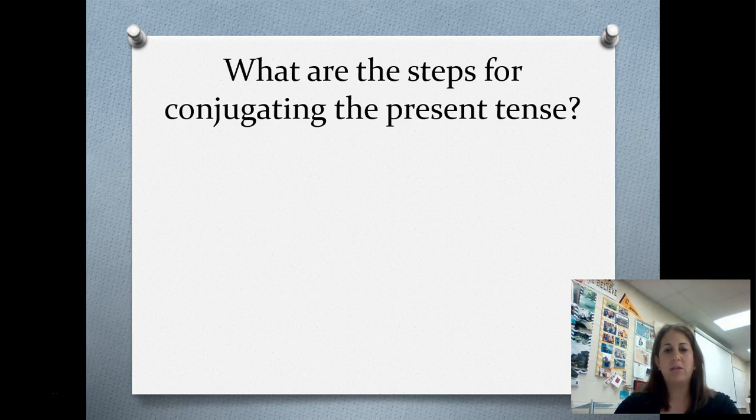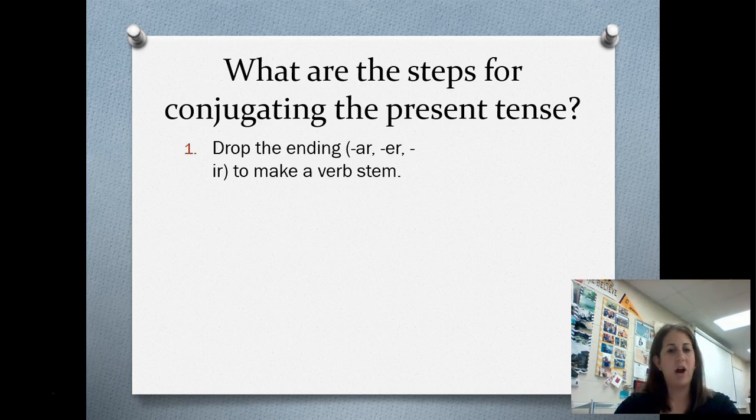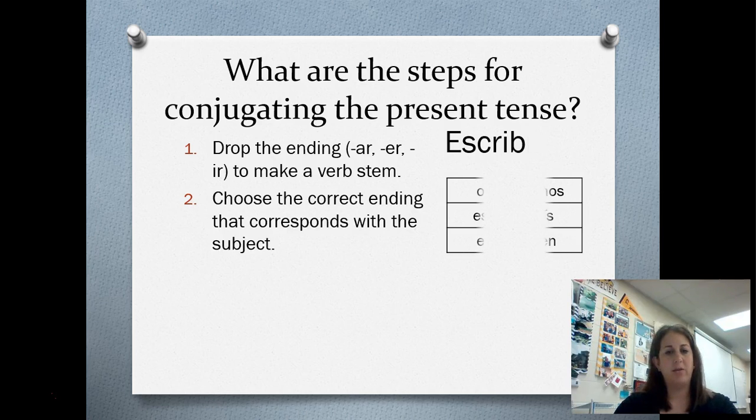Alright, so then what are our steps to conjugating? And this isn't just the present tense, this is in all tenses. So first of all, you're going to drop that AR, ER, or IR ending, and you're left with what we call the verb stem. So for example, we've got escribir, and we're going to drop that IR ending. So then we're going to choose the correct ending that corresponds with the subject. Let's use él, for example.